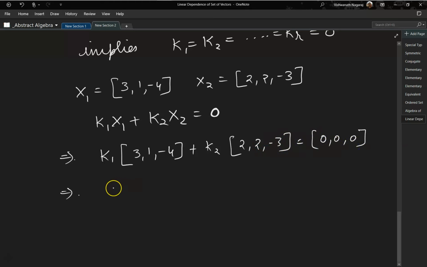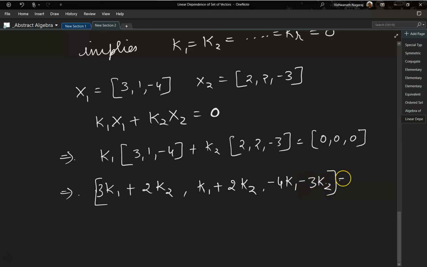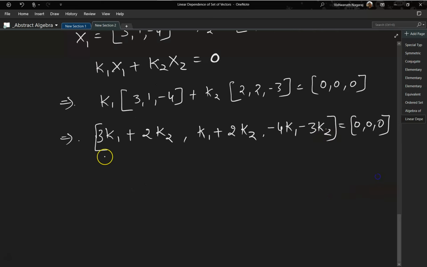Now 3k1 plus 2k2, then we have k1 plus 2k2, then we have minus 4k1 minus 3k2 is equal to 0, 0, 0. And based on equality, we can say 3k1 plus 2k2 is equal to 0, k1 plus 2k2 equal to 0, and minus 4k1 minus 3k2 equal to 0.